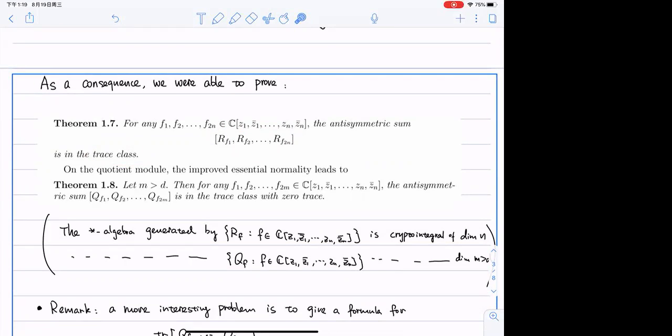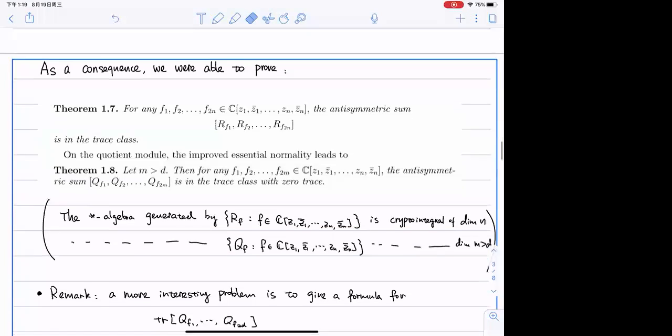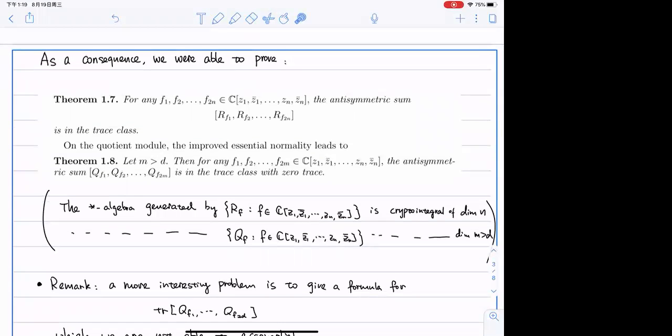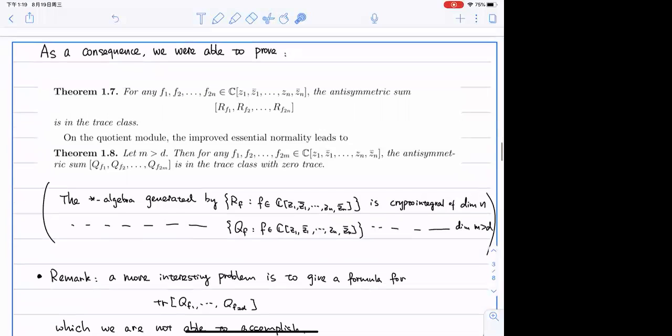So it makes sense to ask for the trace of this anti-symmetric sum. The second is about Q_F: if m is greater than the dimension, then these anti-symmetric sums are all trace class with zero trace. If you go larger than the dimension, the trace formula just gives you 0.